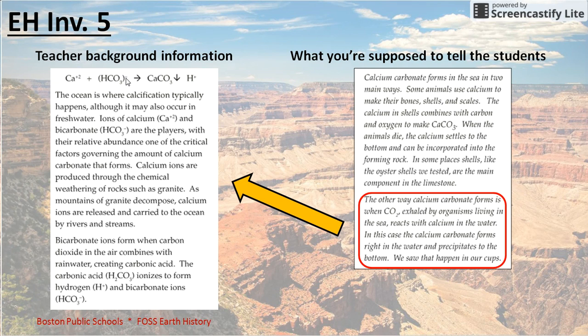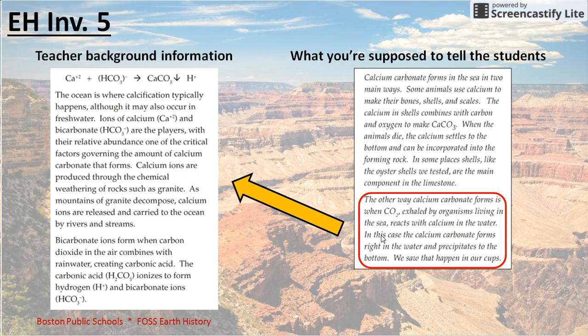And that the bicarbonate ions form when carbon dioxide from the atmosphere combines with water to form carbonic acid, that then ionizes to form hydrogen ions and bicarbonate ions, which you see here. And that is what reacts with the calcium to form calcium carbonate.